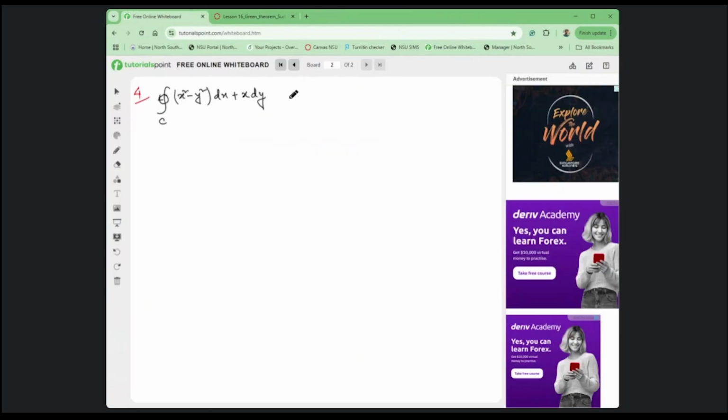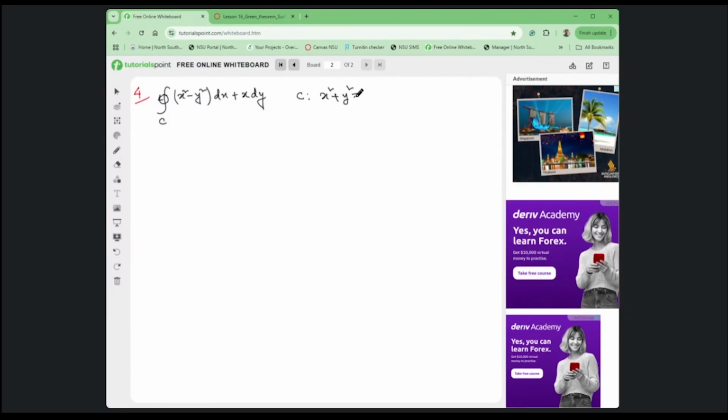How is C defined here? x square plus y square equals 9.